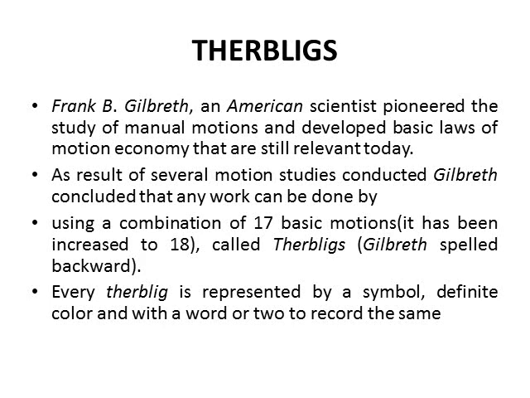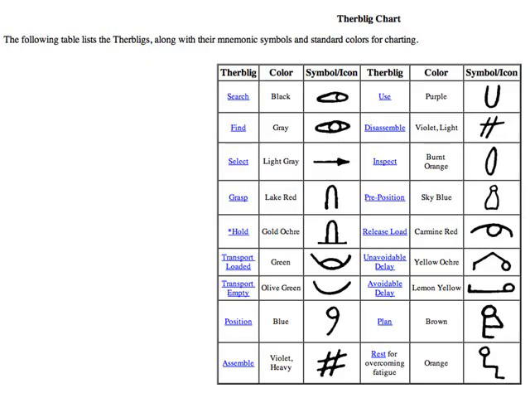So each therblig is represented by a symbol, a definite color, or a word of a single letter or two letters. So what are the 18 therbligs? These are the 18 therbligs chart. This is the first one, search.